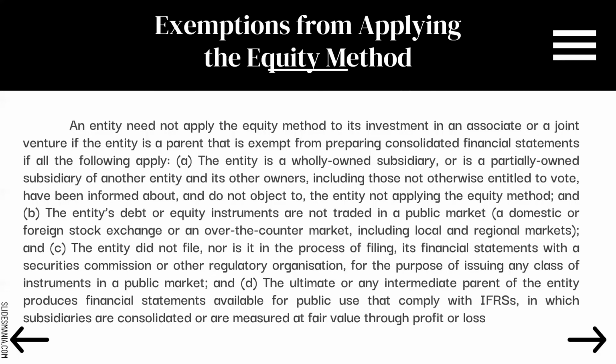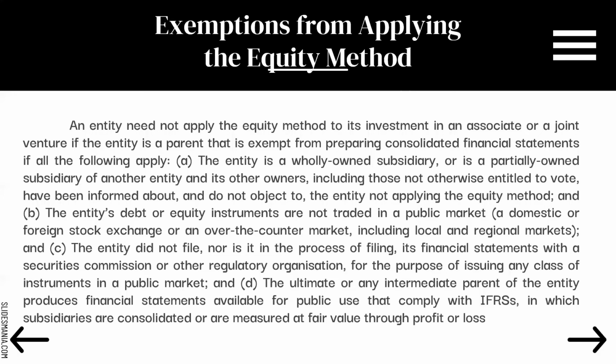Letter C, the entity did not file, nor is it in the process of filing, its financial statements with a securities or other regulatory organization for the purpose of issuing any class of instruments in a public market. Letter D, the ultimate or any intermediate parent of the entity produces financial statements available for public use that comply with PFRS, in which subsidiaries are consolidated or are measured at fair value through profit or loss.